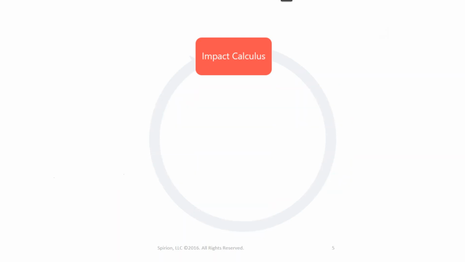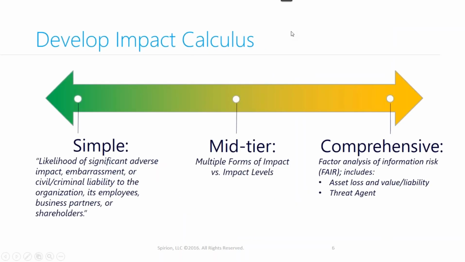So, impact calculus. I mentioned earlier that the impact calculus defines the scope of the risk, and we have a couple of options for developing it. Again, I'm going to work from my experience. I think it makes the most tangible sense. If you go to the next slide, we see the continuum of different impact calculus approaches.